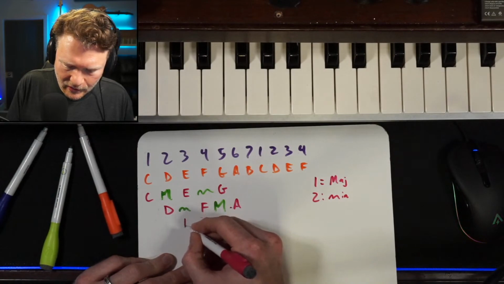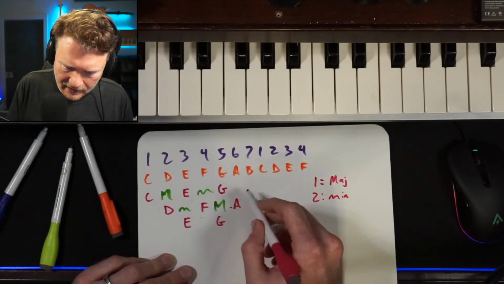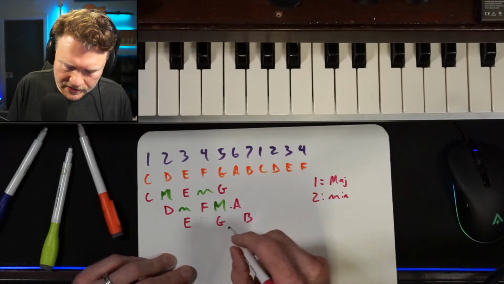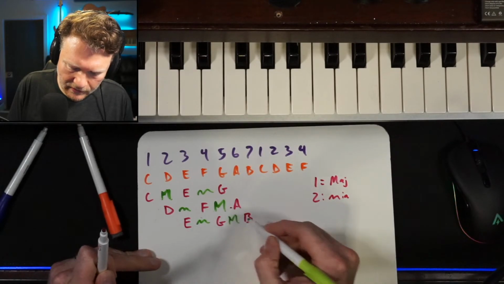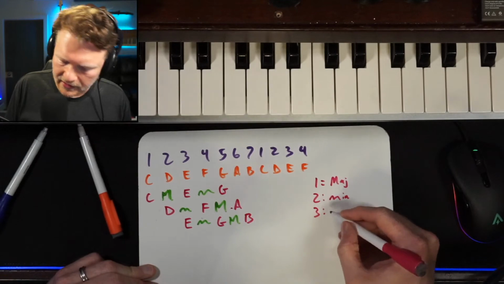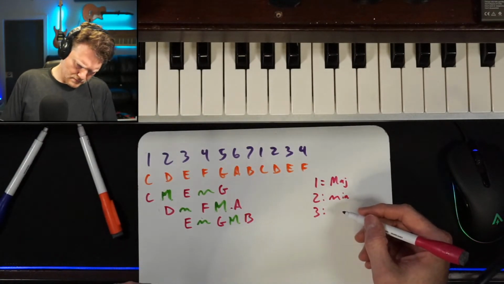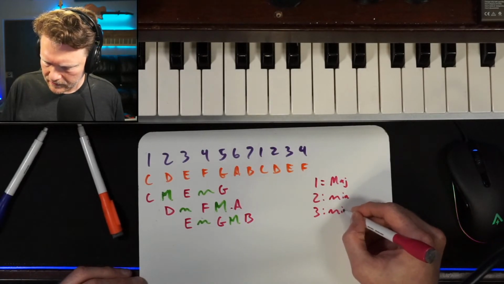So our three chord is going to be E, G, and then B. Okay, again, we're just skipping notes, which again is going to be a minor, followed by a major third. Okay, hopefully you guys are getting this. And so our 3 is minor also.